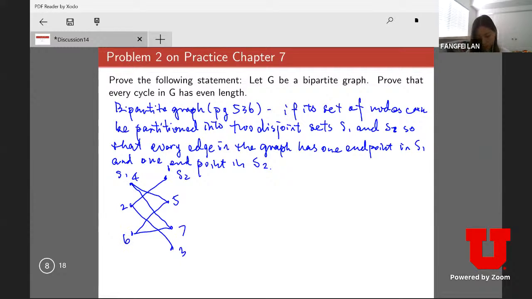So 4 to 5, 5 to 6, 6 to 7, 7 back to 4. And that is a cycle. The cycle cannot have repeated vertices except for the one that's starting and ending. So 4 is the only repeated vertex in this closed walk.